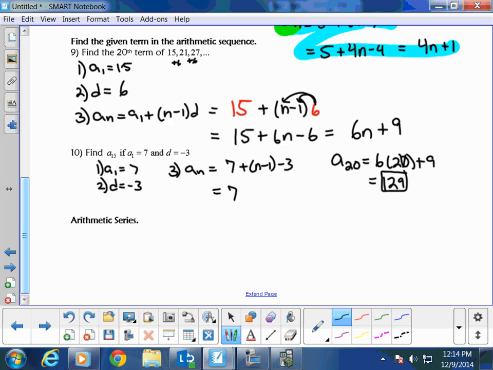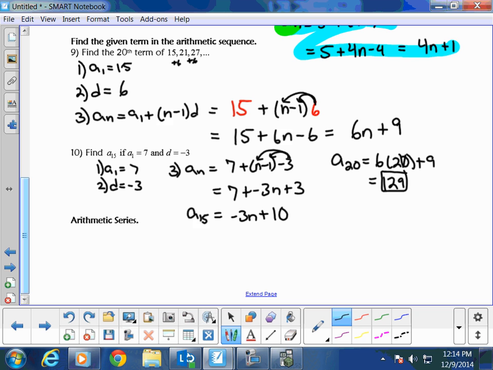After I distribute this, that's going to give me -3n plus 3 plus 7, which means I have -3n plus 10. And the only thing I'm wanting to find out now is A15.